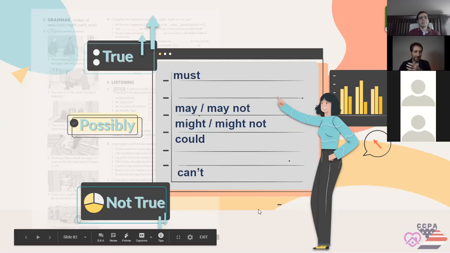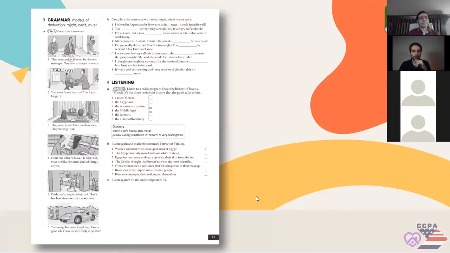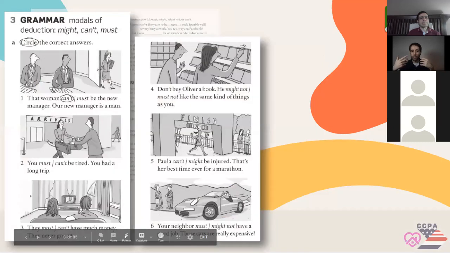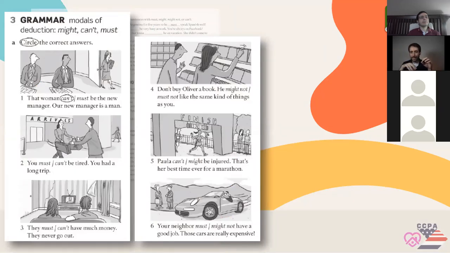Let's see what we have to complete here in the workbook. Page 41, our first exercise we have some images and we are supposed to, based on the images and the context they give us, choose the correct modal verb to complete the sentences. They give us two options.